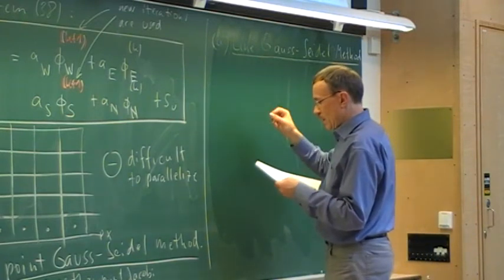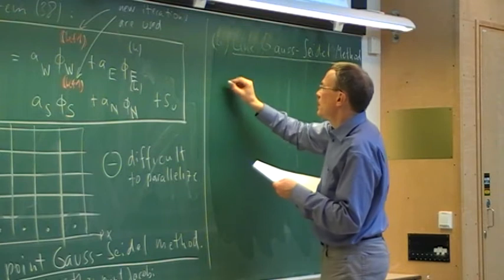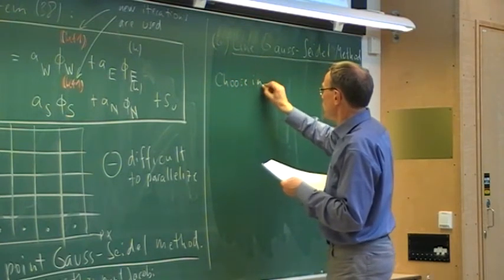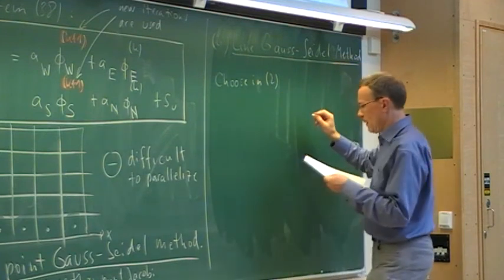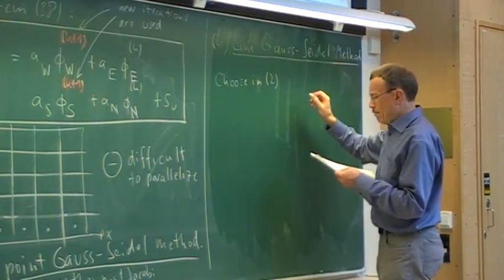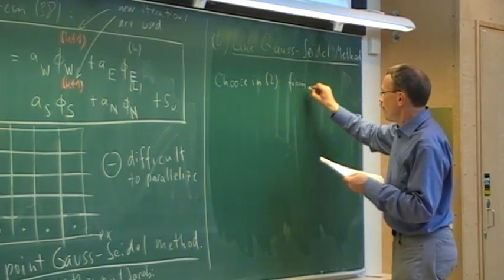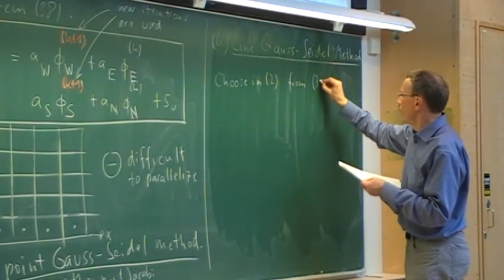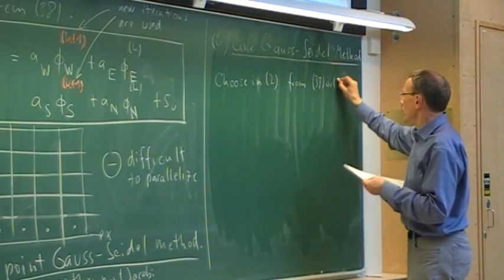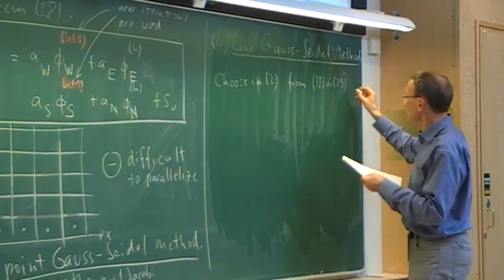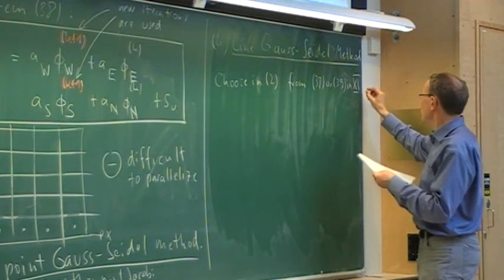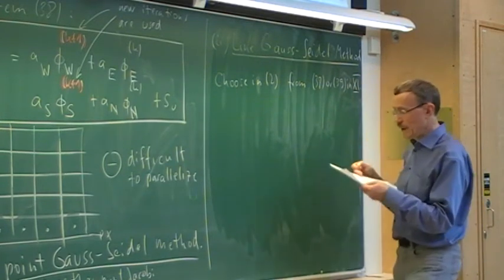Okay, choose in the iteration method 2, that is from either 38 or 39 or 40 in chapter 11, the following.